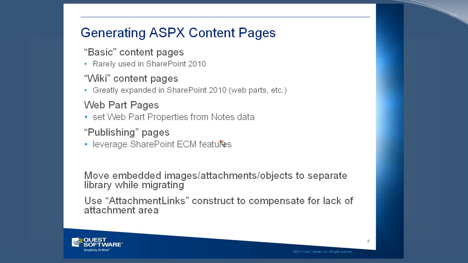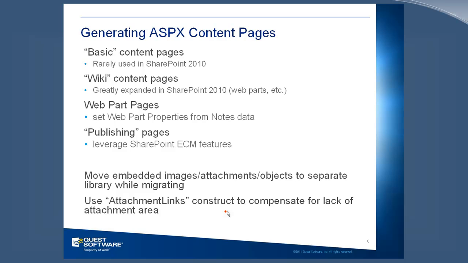And also there's an attachment links construct which you can put in your rich text area. The issue there is that notes documents usually have attachments as part of rich text fields. So in the rich text body, you have an icon where you can click on it and link over to the attachment. But sometimes notes have document level attachments which don't have a link from the rich text field.